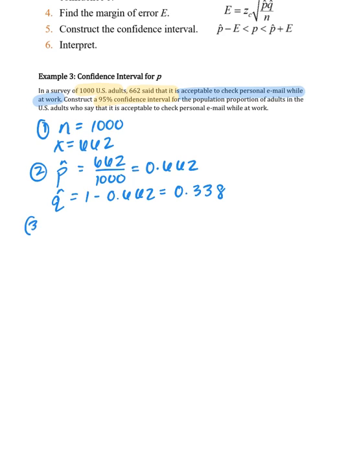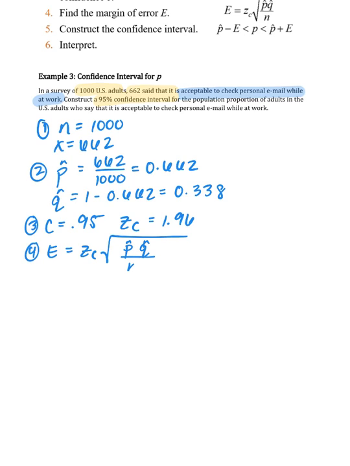So next we're going to use our confidence level of 95%. And that gives us a critical value that's a common one, so you could just use your chart of 1.96. Step 4, we calculate E. And remember, that is your critical value times all of this stuff goes under the square root. P hat times q hat all over n.